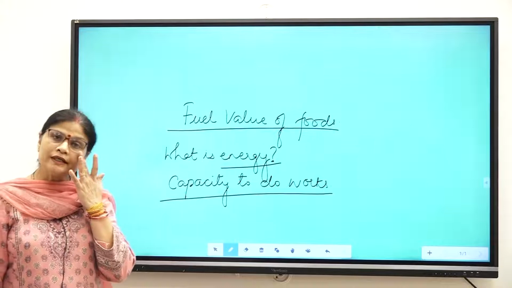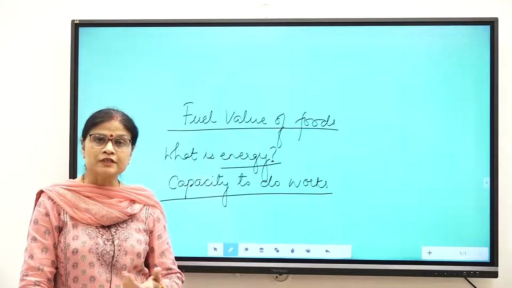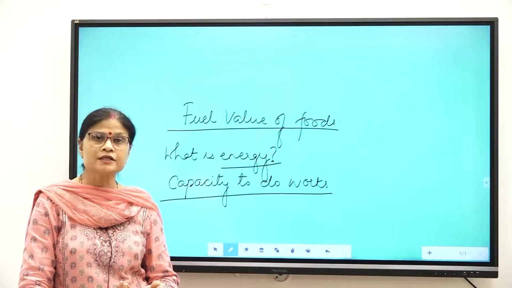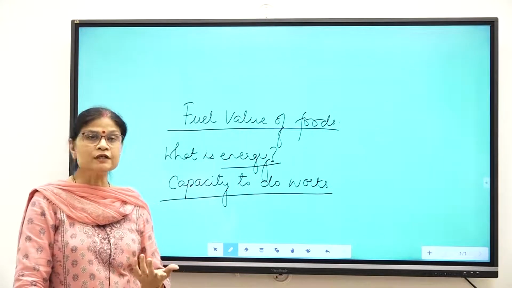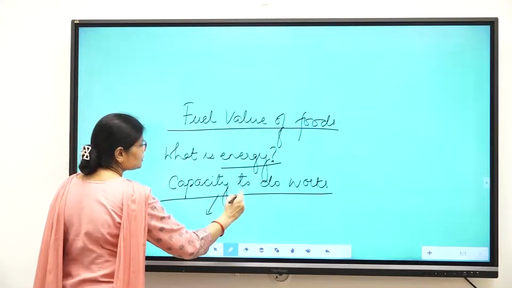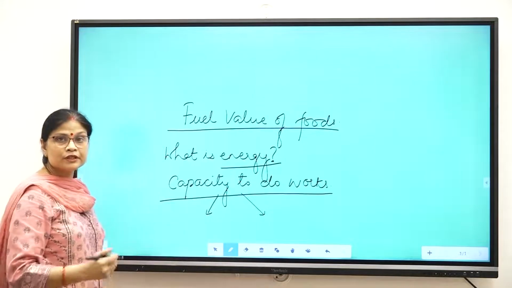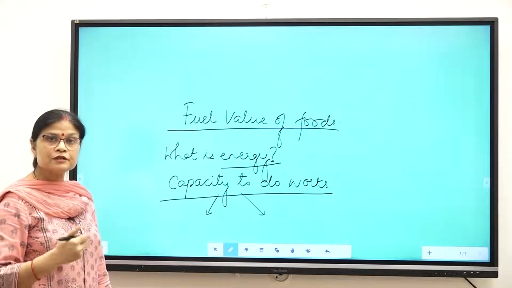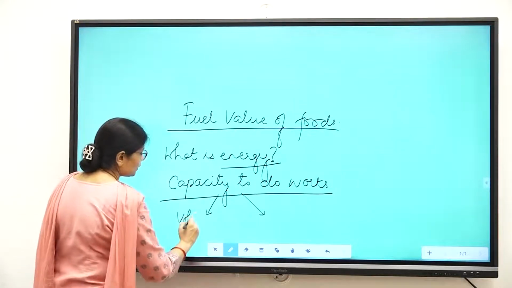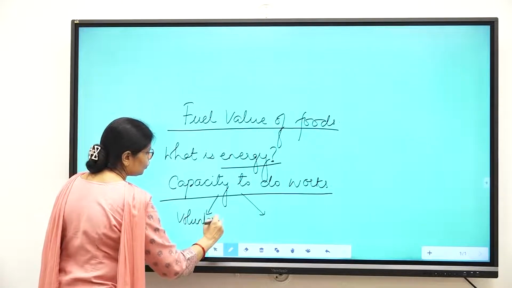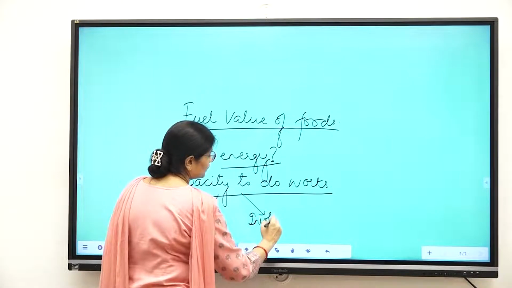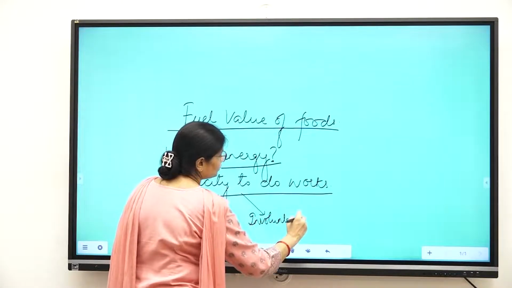Voluntary activities are those which we can control, for example sitting, standing, movement of legs or hands. Involuntary activities are beating of heart, breathing, digestion, excretion. So, energy is required for both voluntary and involuntary activities of our body.